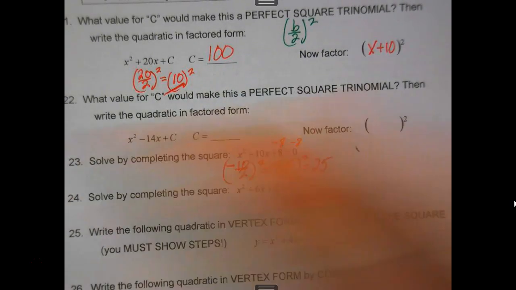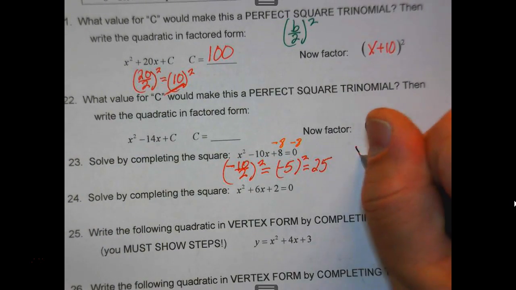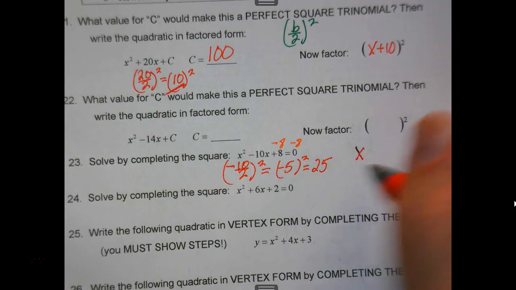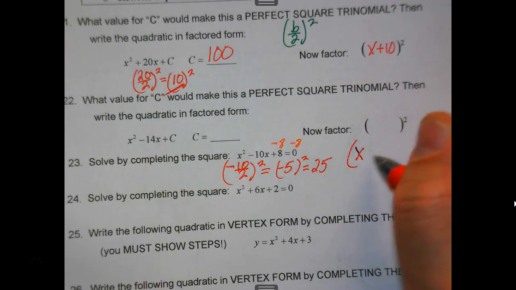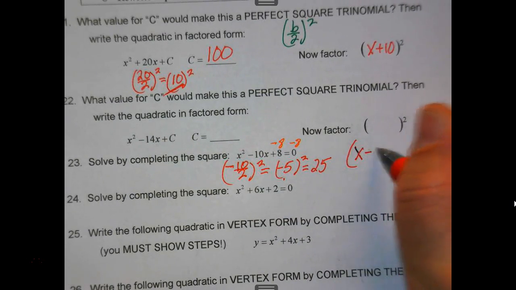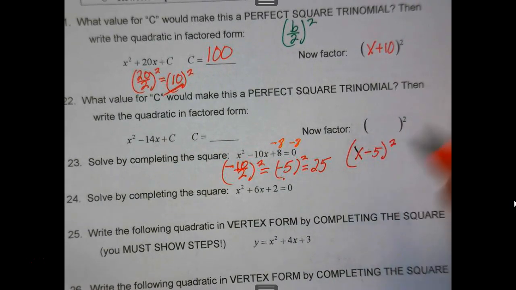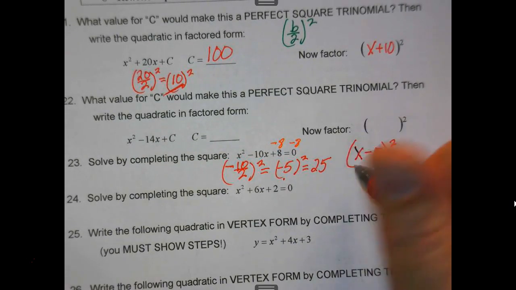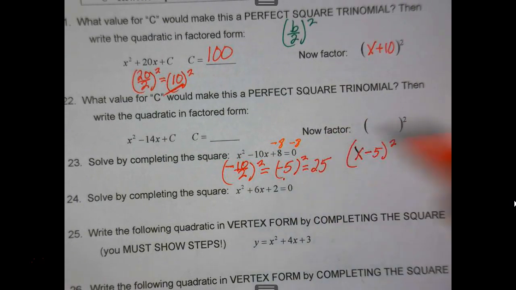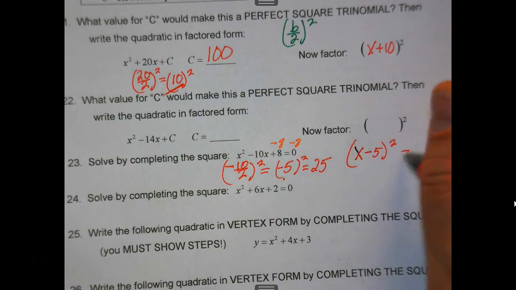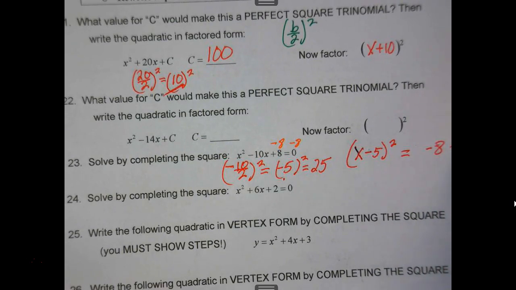So I have x, I'm going to do the shortcut thing, minus 5 squared. We're adding 25 to both sides. I have negative 8 plus 25.